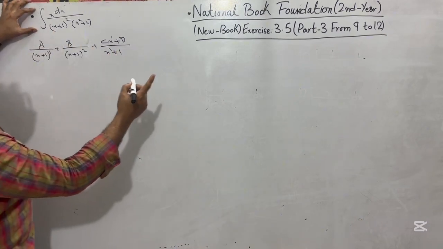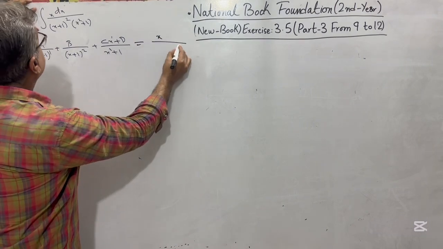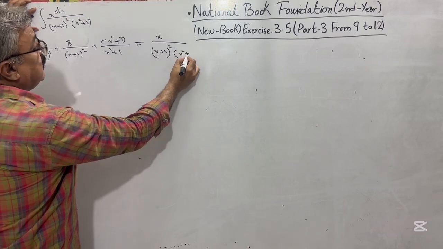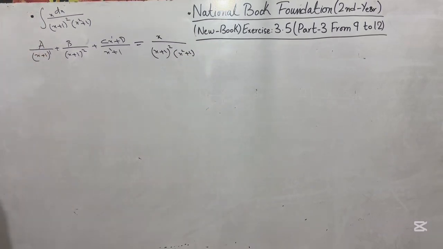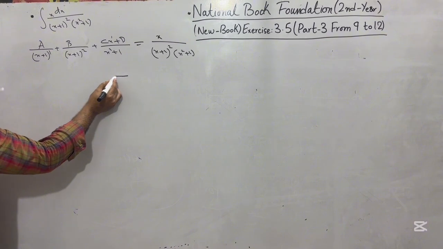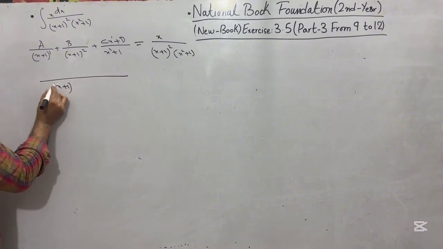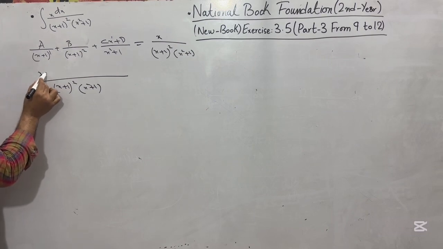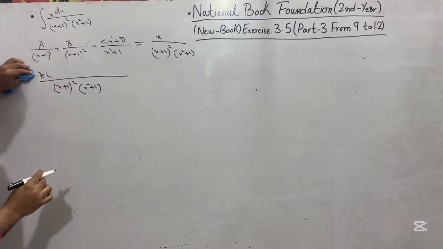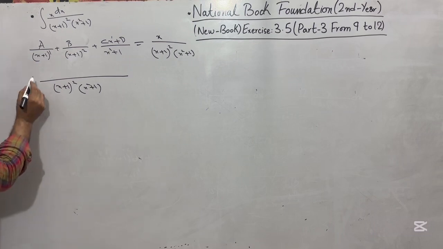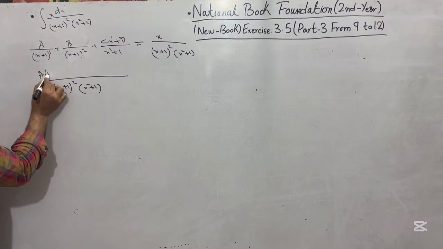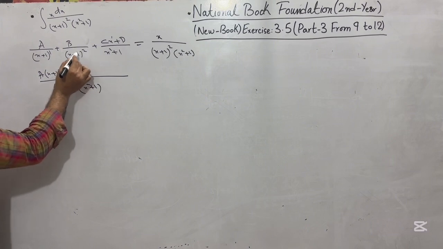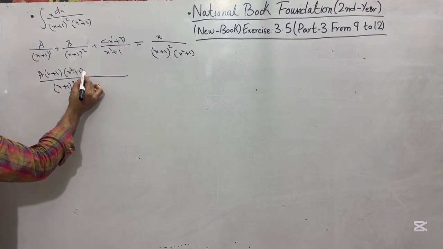This is equal to the same data that I have written, x over x plus 1 whole square, here x plus 1, and it is something dx. Taking LCM, that is x plus 1 whole square times x square plus 1. Here a times x plus 1 cancelled out, a single x plus 1 times x square plus 1, and in that case x plus 1 whole square can be cancelled out.